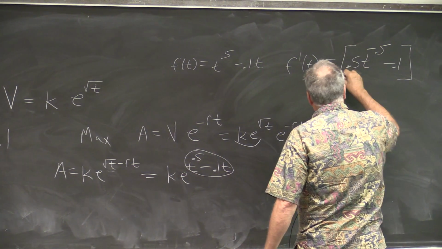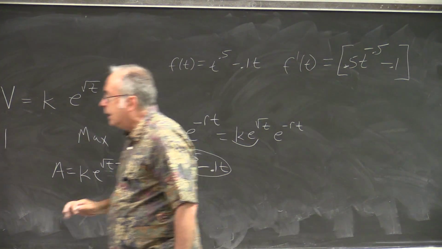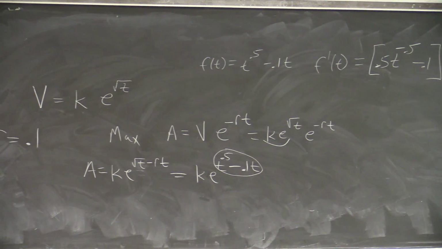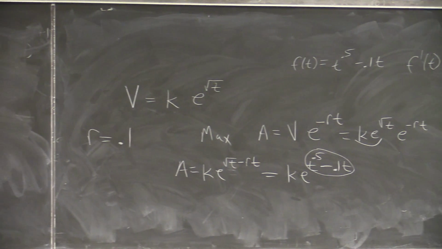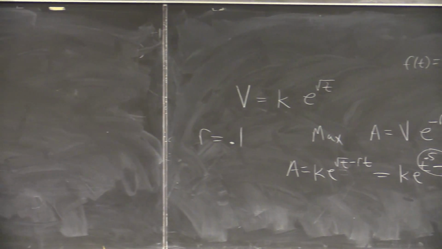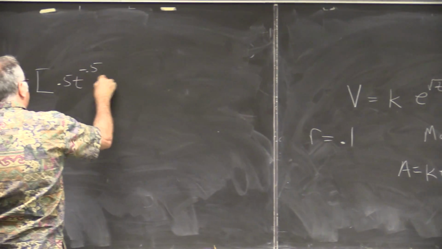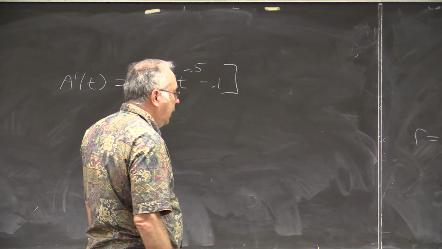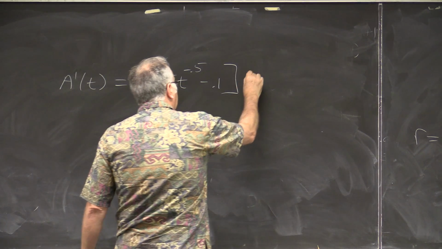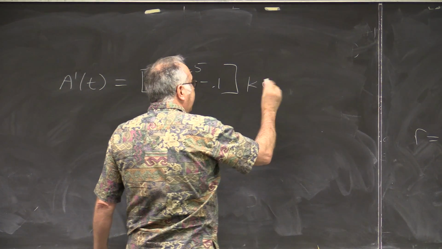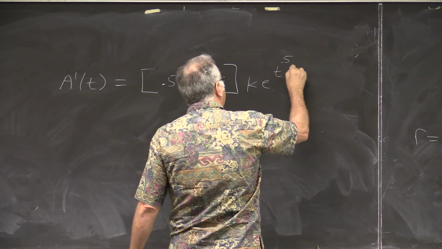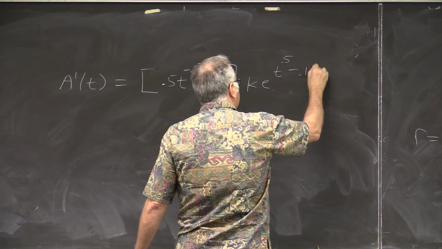That is f prime of t. So exactly right, Tyler. So this will be f prime of t, which is 0.5 t to the minus 0.5 minus 0.1, times k times e to the f of t, which is just t to the 0.5 minus 0.1 t.